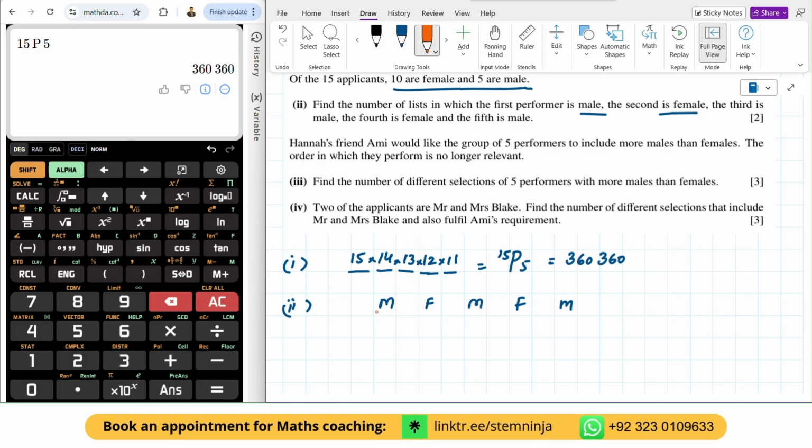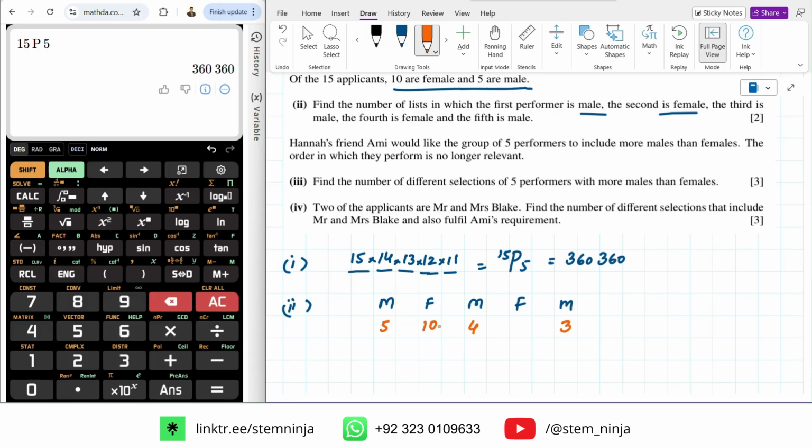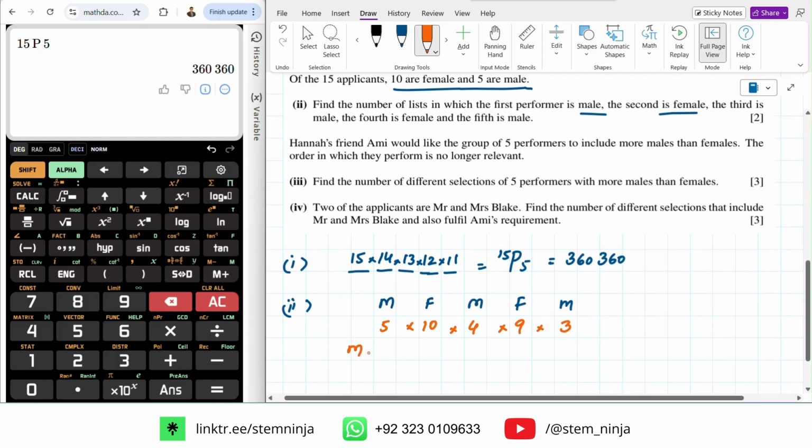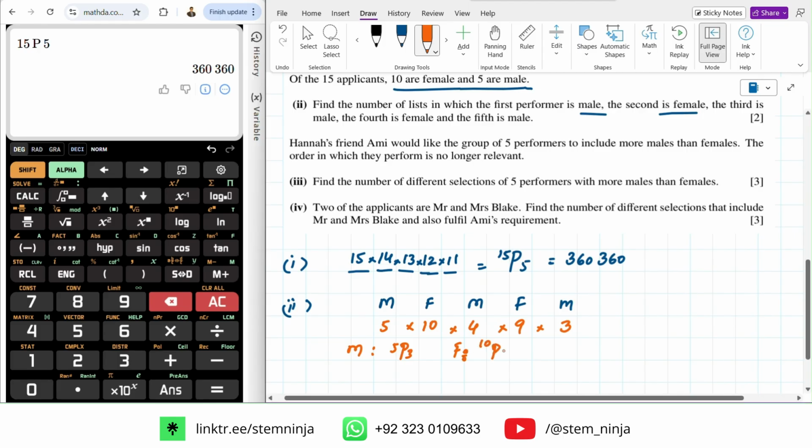So you have 5 males. So 5 choices for the first one, 4 choices for the second one, 3 choices for the third one. And for the females, you start with 10 choices for the first one, 9 choices for the second. Alternatively, for males you can do 5P3, because out of 5 men you have to list 3 men, and for females you need to do 10P2.